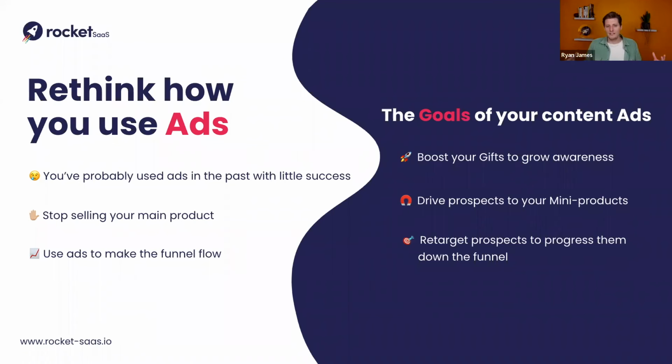So we don't create any ads here at Rocket SaaS asking people to buy our packages or to sign up to anything that's expensive or our core service. We only use our ad spend to promote gifts and to promote the mini products to get people into our funnel. It's that top layer of funnel where ads is really effective because ads are becoming so much more expensive.